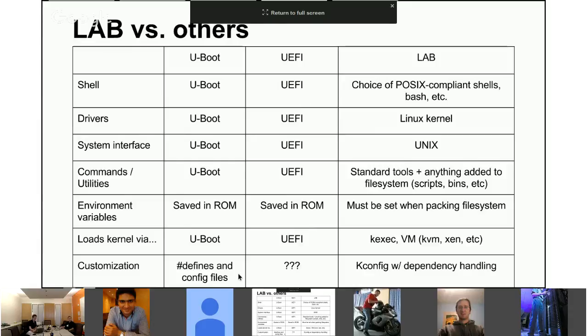It's pretty painful. And as much as people complain about kconfig, it could be a lot worse. So, I mean, some people like pound defines and config variables, but I personally think the kconfig, while not perfect, is certainly better than having to find all these obscure things yourself and add them to the right place.